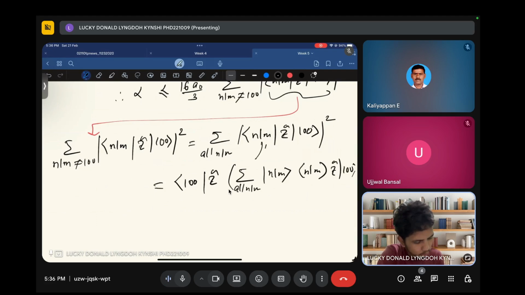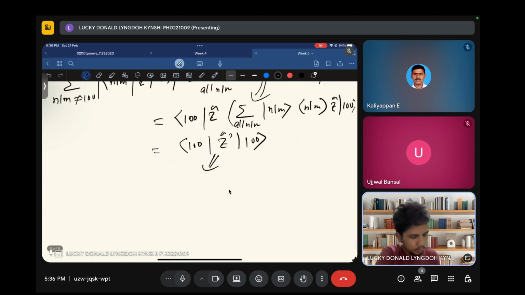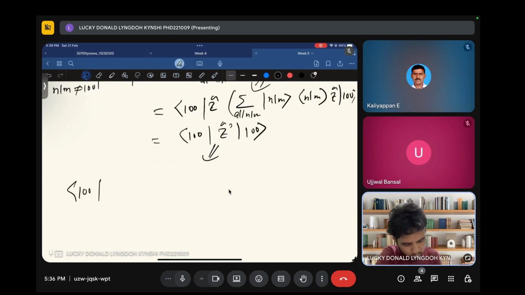We can write this one in this way. So at the end you will get 100 z cap square 100. You just need to solve this equation, which is equal to 100 z cap square 100, which is, again, z cap square.